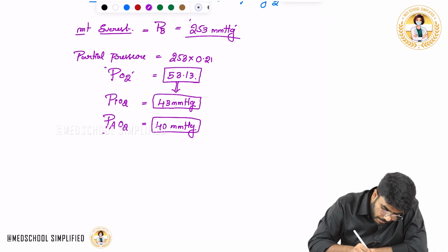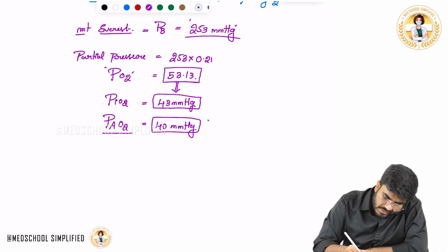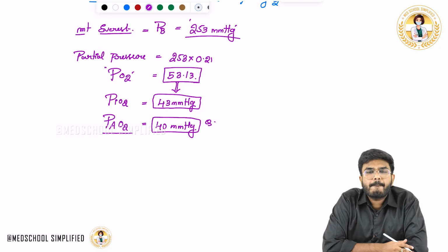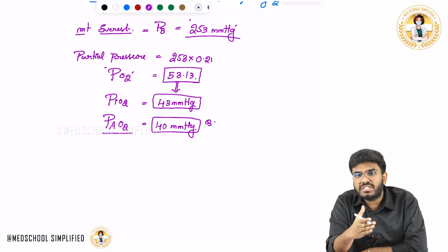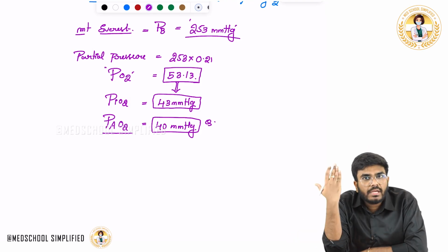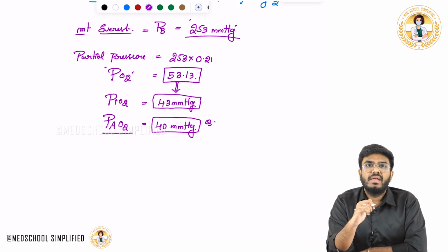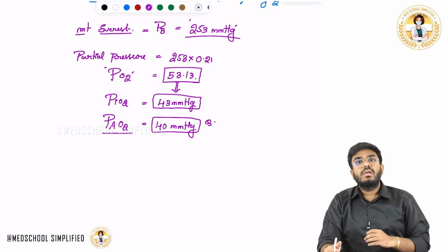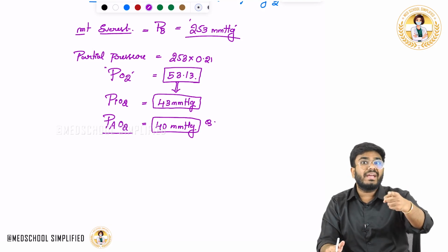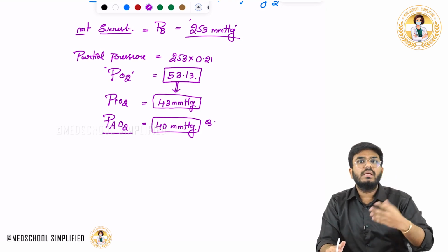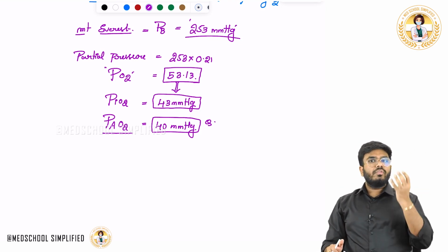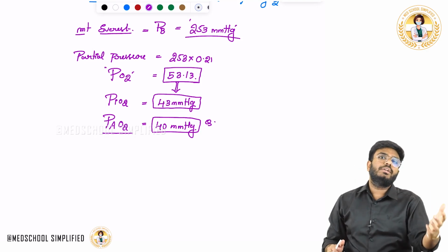The partial pressure of oxygen is decreasing. We know gases will move from high partial pressure to low partial pressure, but at high altitudes the partial pressure is going to be very low. So the amount of oxygen that you get with this diffusion is going to be very, very less. You are getting very little oxygen at high altitudes.